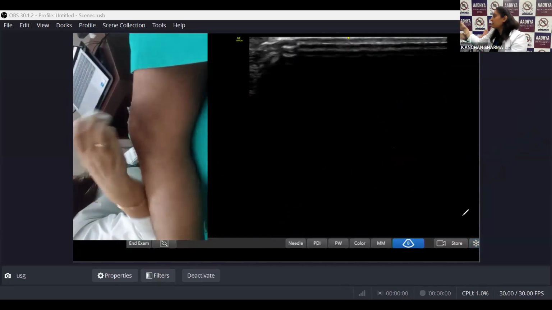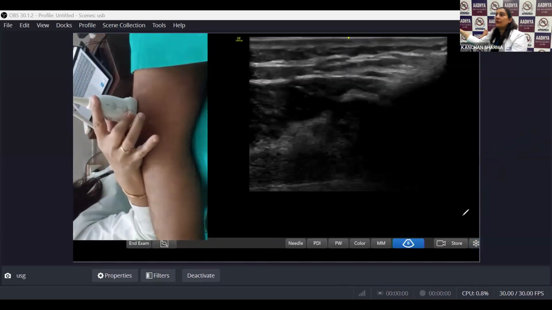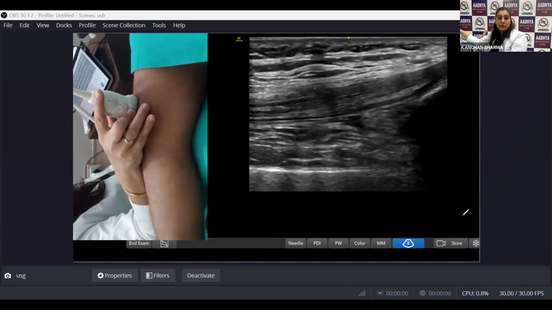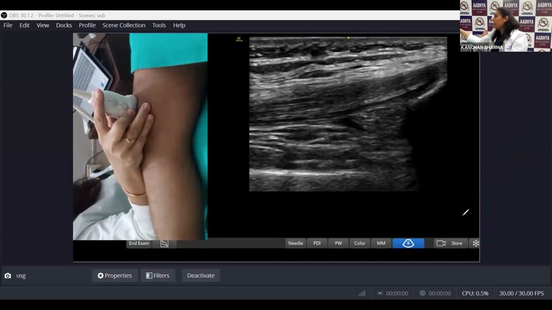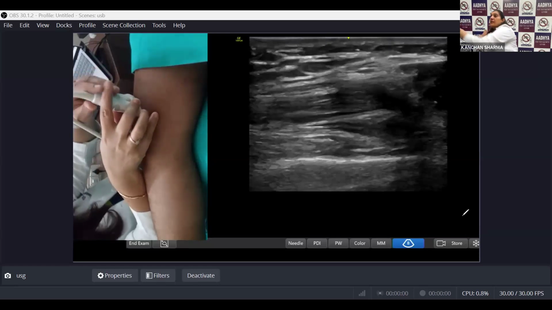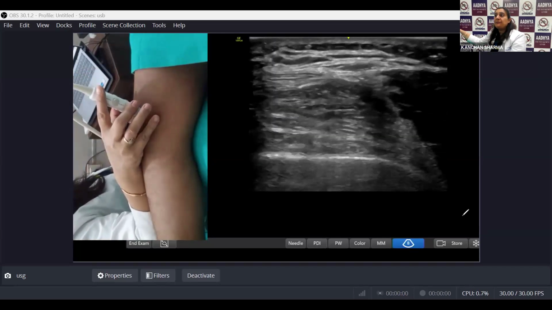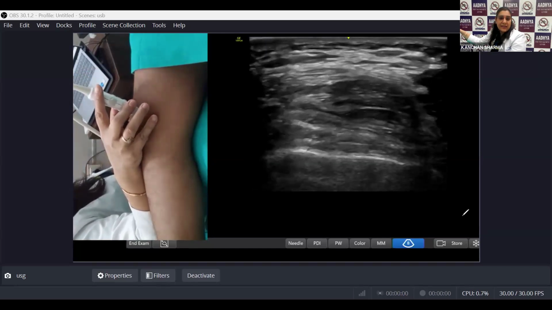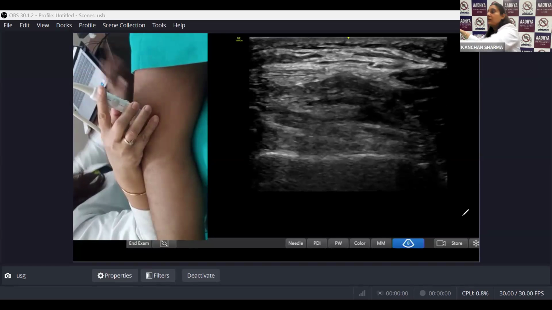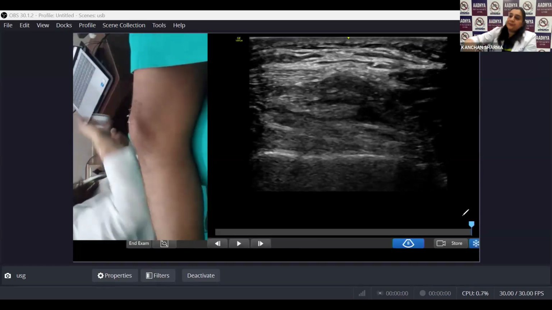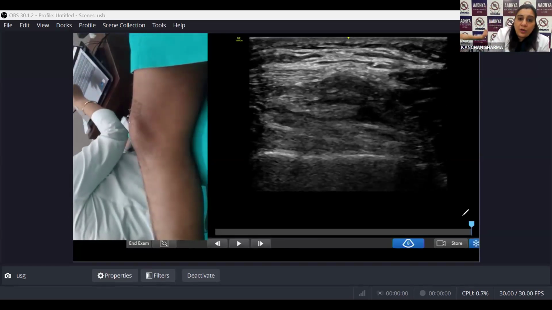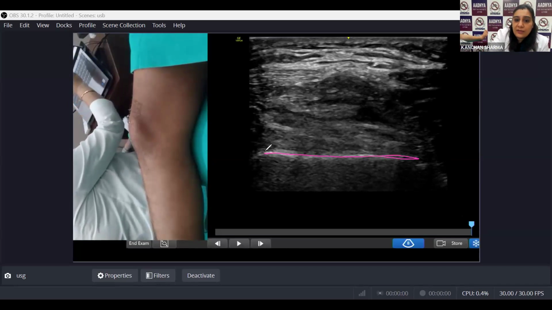For the axial section, what I have taught you is we always look for the longitudinal axis like this, and then we rotate our probe. Fine. So once we rotate our probe, we will be able to see the same thing which we have seen, right? So let me freeze it here. So what were we seeing? This is the femur.